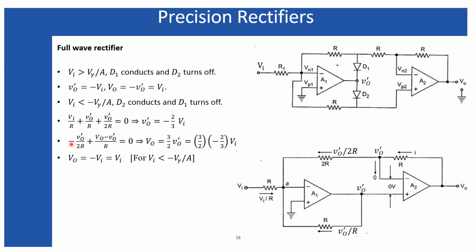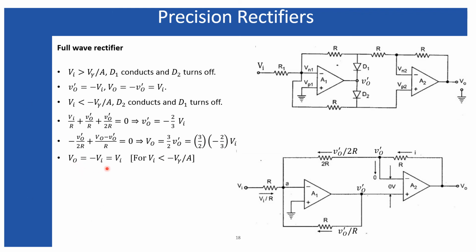So the negative sign is appearing before this V0 dash divided by 2R as it is leaving, and V0 minus V0 dash divided by R is positive because it is entering or incoming towards this node. So from there, this actual V0 or output voltage can be obtained as 3 divided by 2 times V0 dash, and this V0 dash also I have obtained as minus 2 divided by 3 times Vi. Upon replacement of that, I am getting V0 is equals to minus Vi.